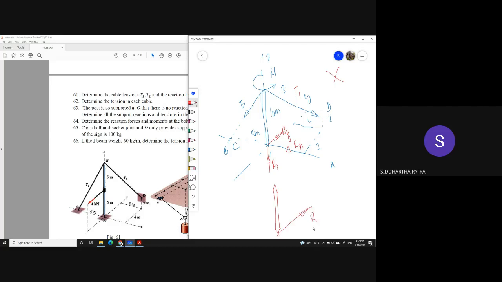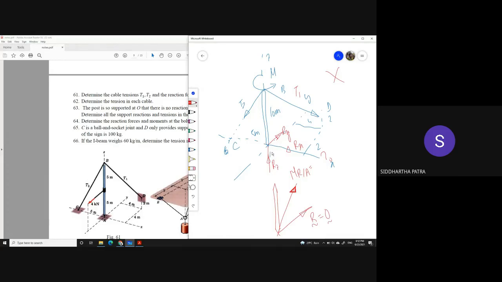You get a resultant force over here, and then let's say this is the resultant moment about A. Now this quantity should be 0 for equilibrium. This is a condition of equilibrium. But can this be equal to 0?